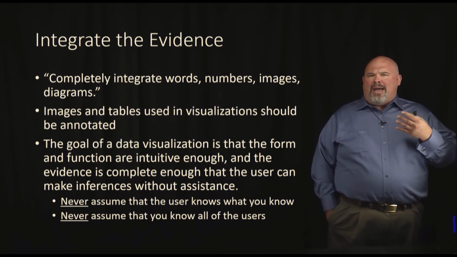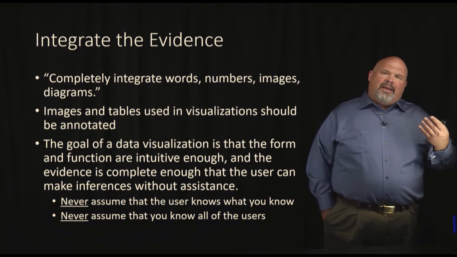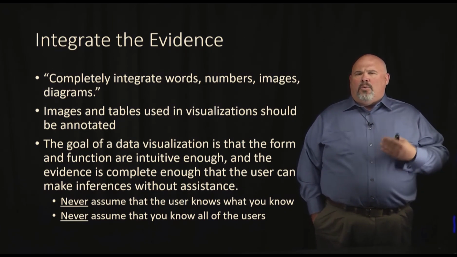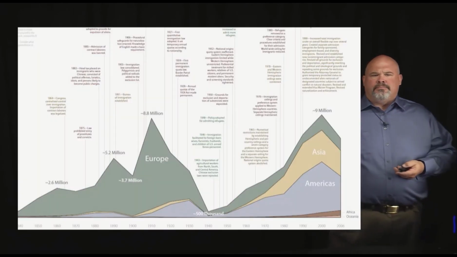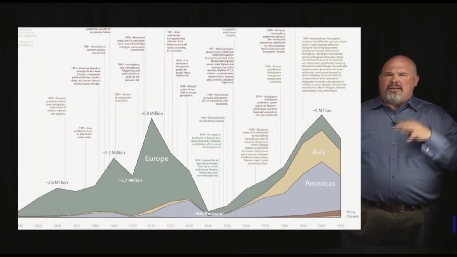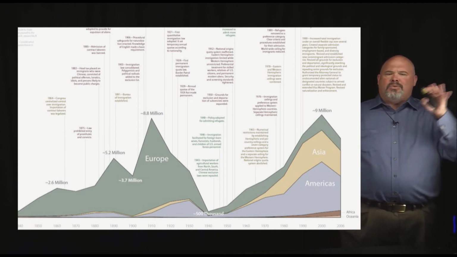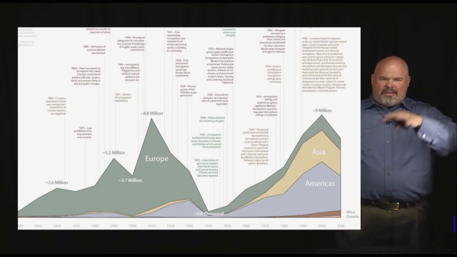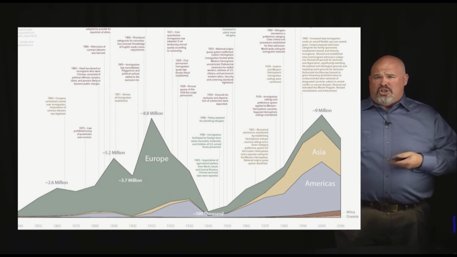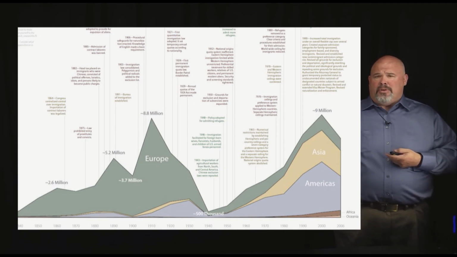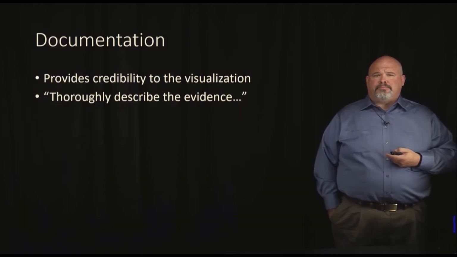We want to be able to provide annotation and narrative so that they can understand the story of the data without assistance. And that's one reason that this graph is excellent, in that it does those things. I can read through this without the graph maker being here and make decisions about whether I think that those causes are legitimate or are realistic for what changed the slope of the lines.